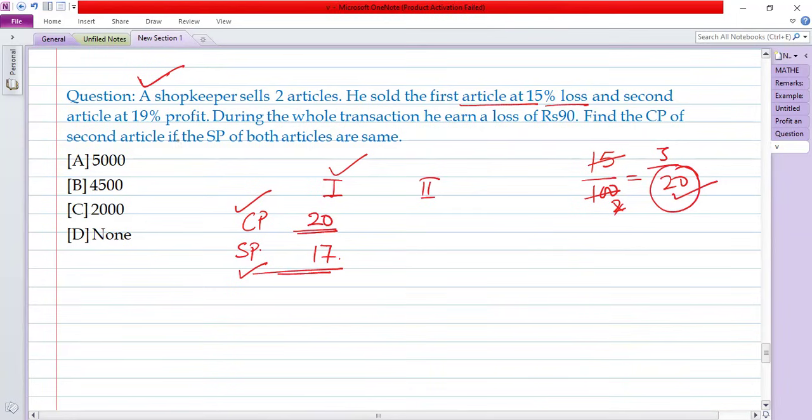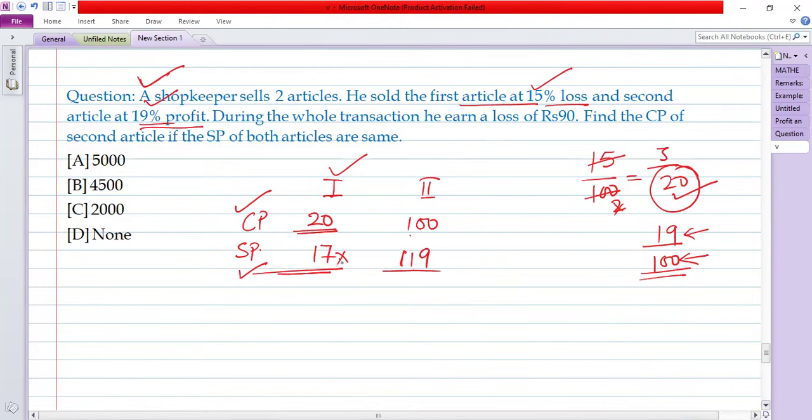And for second article, 19% profit means it is 19 by 100. And here we can cancel out nothing. So if 100 is the cost price of second article, then selling price will be 119 because 19% profit. And 15% loss.